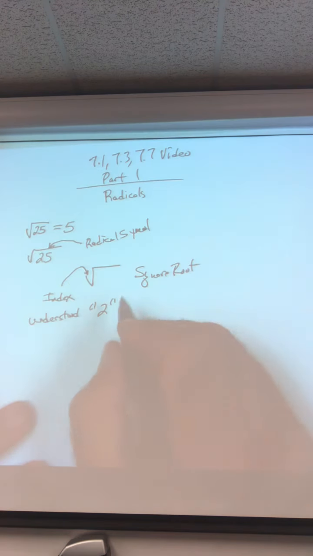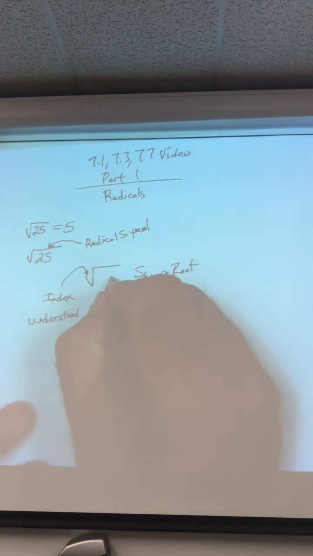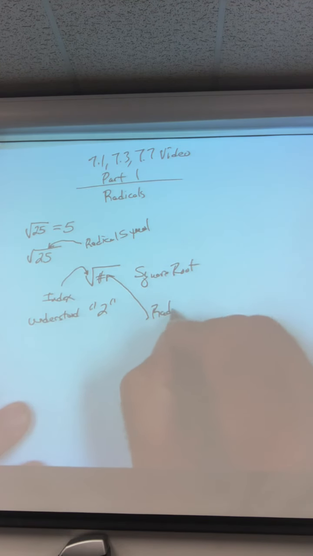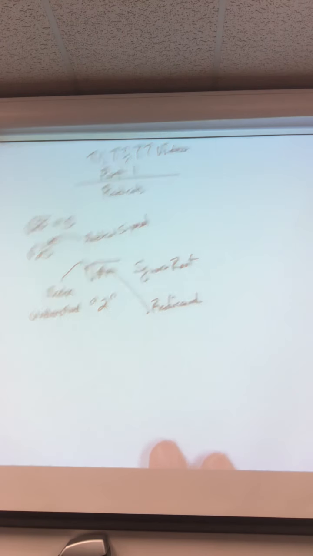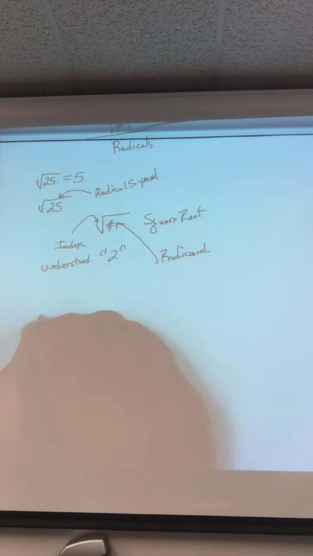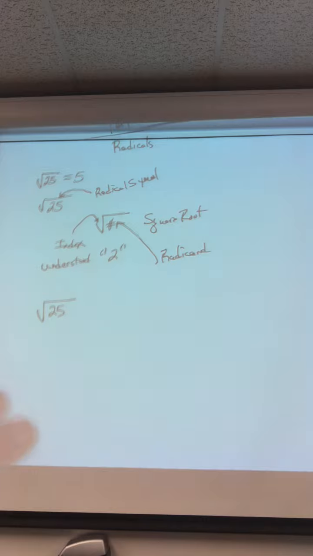And then there's the number that goes underneath here. The number that goes under here is called the radicand. So let me reiterate this one more time. This is the radical symbol. That is the radicand.